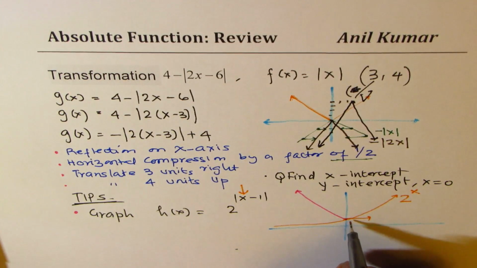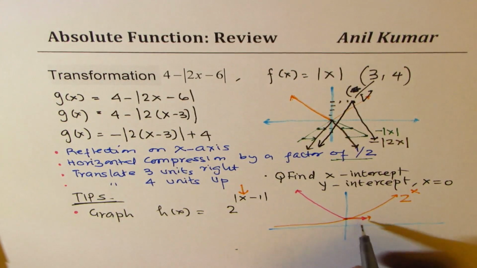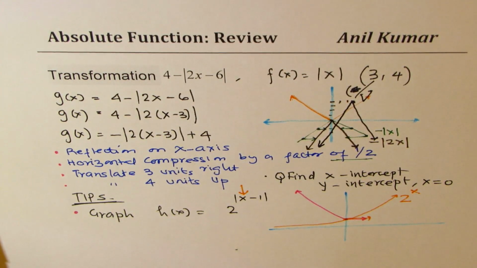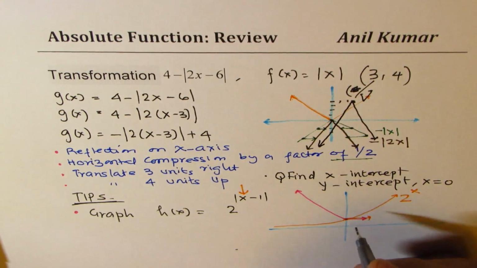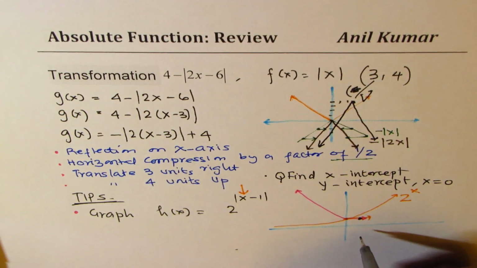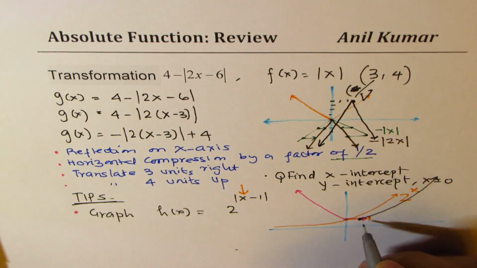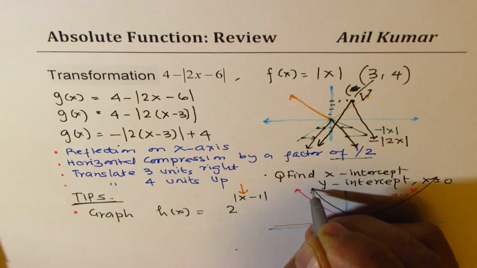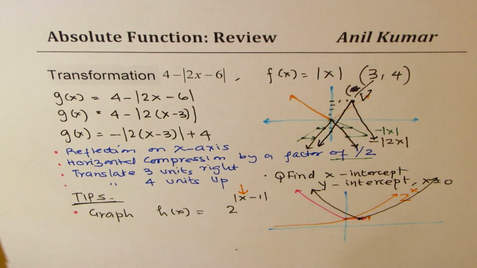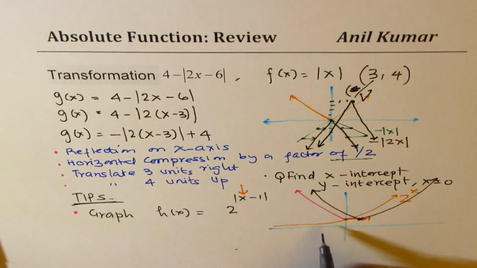And then you move 1 unit to the right. Do you see that? So finally, you will get a graph which will have a vertex here, kind of. And it will be like this. Do you get an idea? Is it okay? Right? So it gets translated.